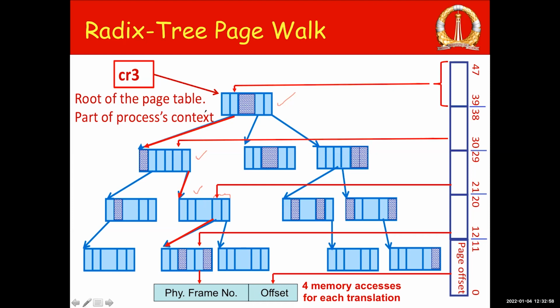Because essentially, what does the TLB cache? The TLB caches this information, so it actually gives you the final answer in terms of your address translation. Correct, but both of them almost hold the same information.